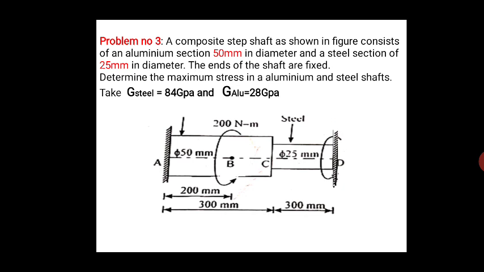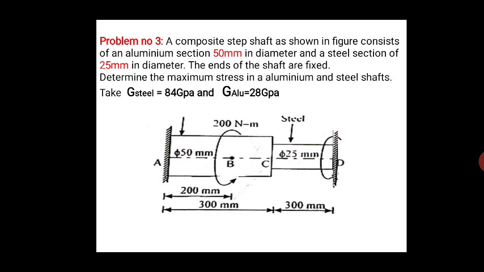Determine the maximum stress in the aluminium and steel shaft. Take G for the steel member, that is the rigidity modulus for steel, as 84 GPa, and the rigidity modulus for aluminium as 28 GPa. So look into the sketch here.